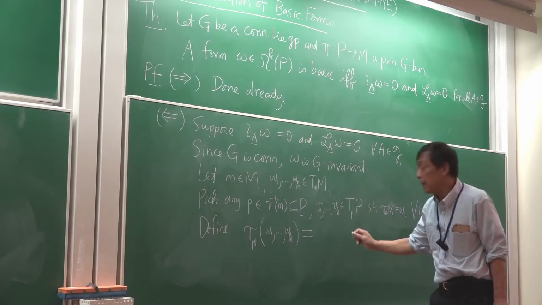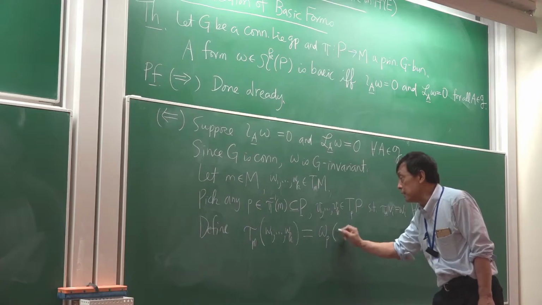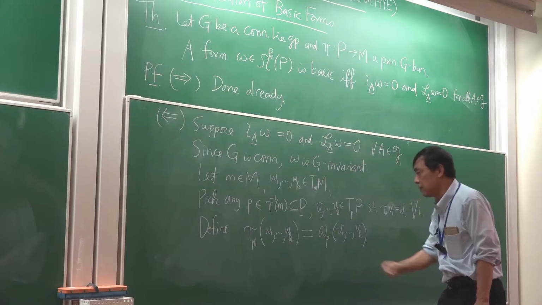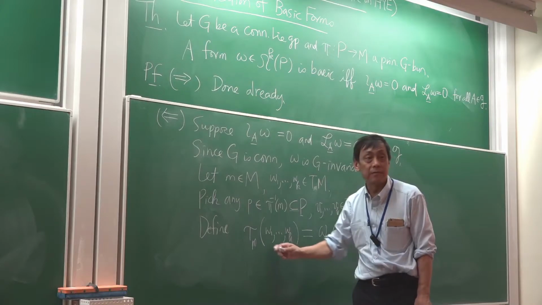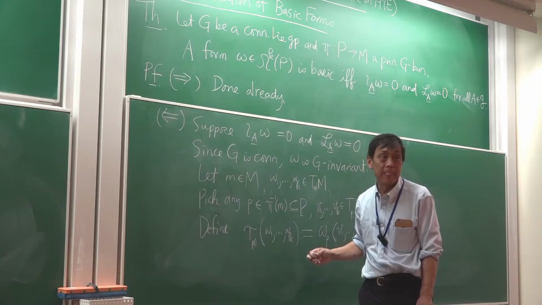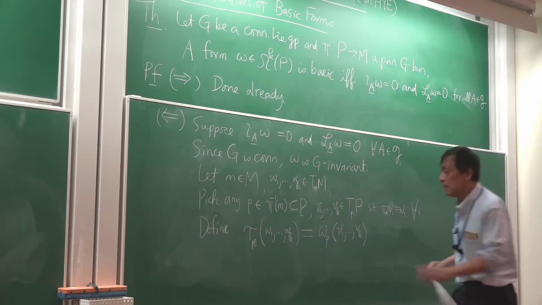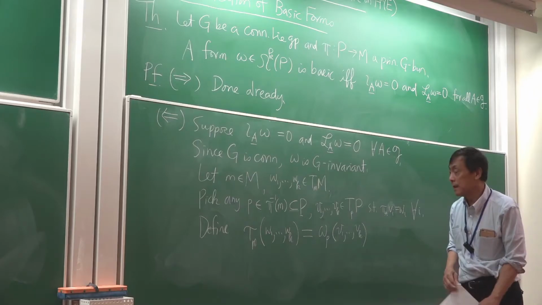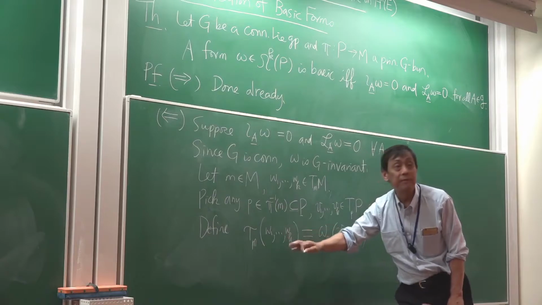And so we have that form at P, and then we evaluate it on V1 to Vk. So to every k vectors downstairs, you get now a number. And it's going to anti-commute, right? So it is a k-form.